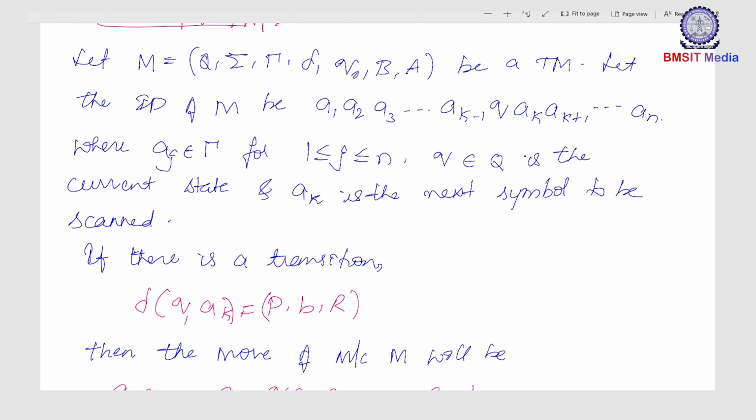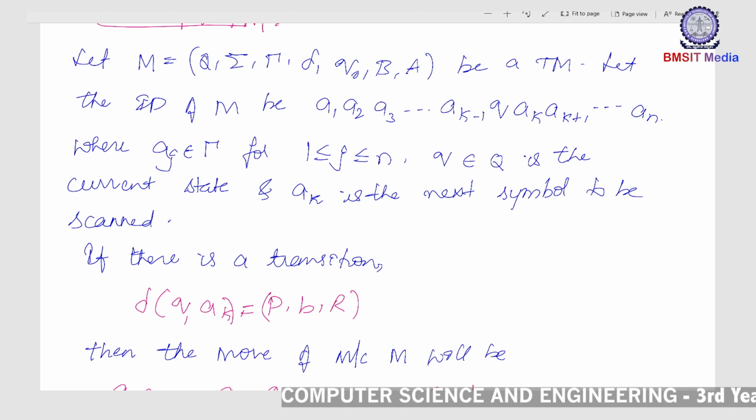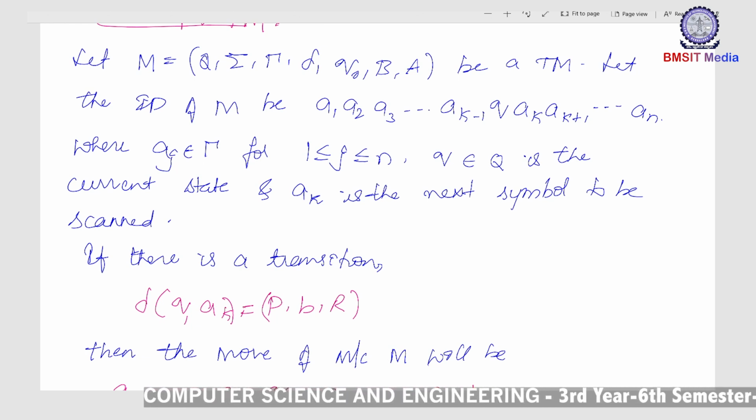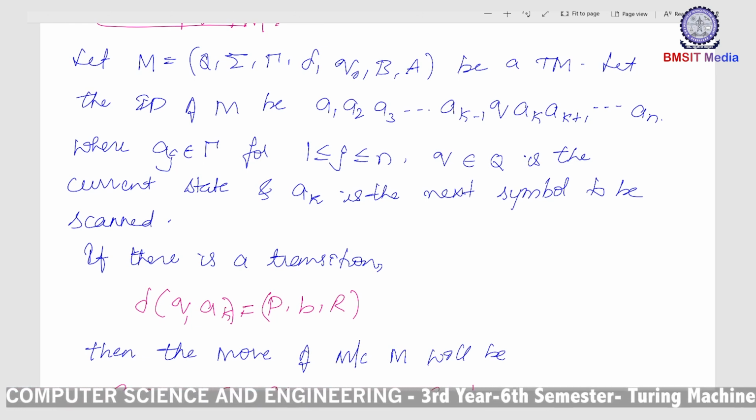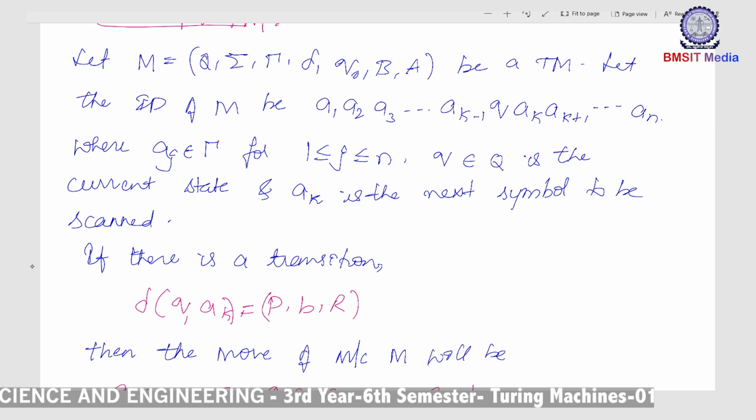Let the ID of M be A1, A2, A3, up to AK minus 1, Q, AK plus 1, and so on up to AN, where Q is the state and AJ belongs to tau for 1 less than or equal to J less than or equal to N. Q is the current state and AK is the next symbol to be scanned.